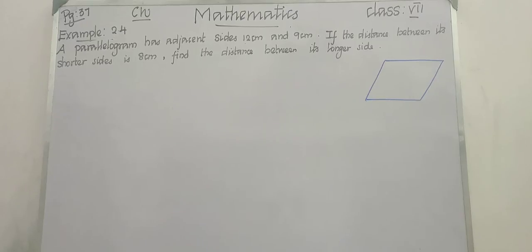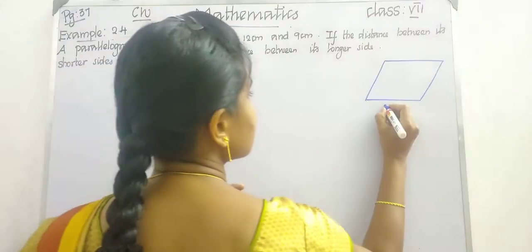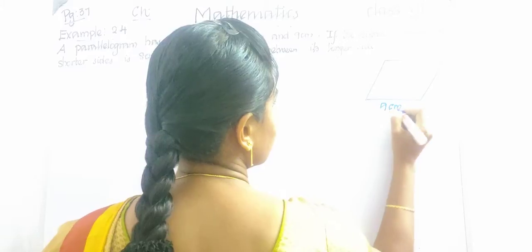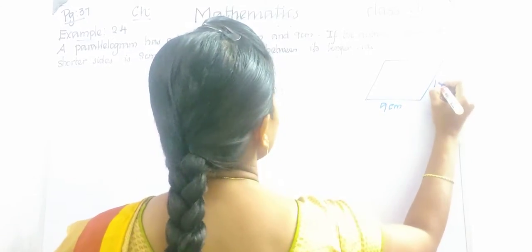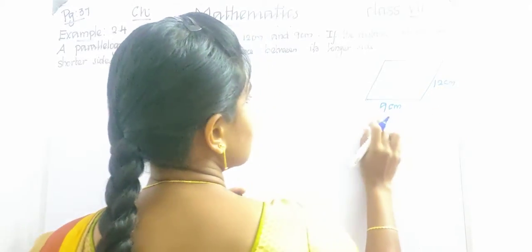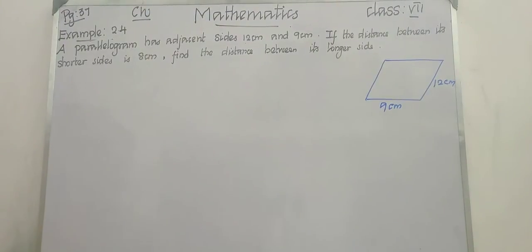Adjacent sides means, see here, if this is 9 centimeter, then this one is 12 centimeter. So adjacent sides are given.